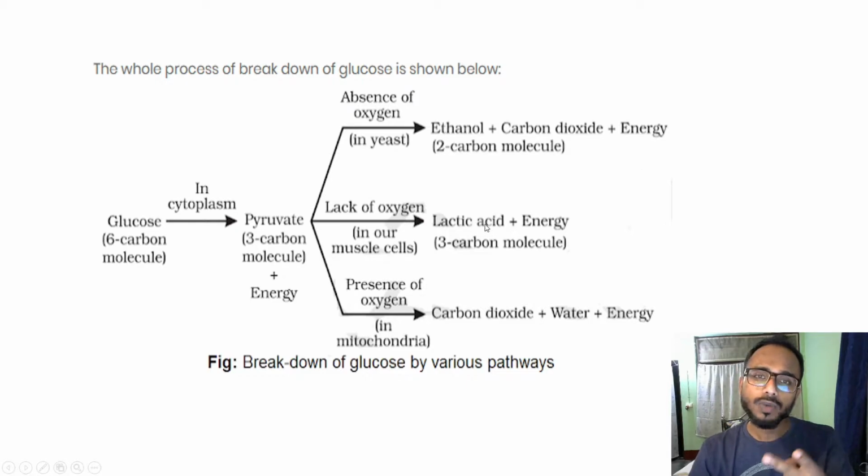So 2 cases of oxygen absent: first is in yeast, second is in our muscle cells. In the first case, it will give ethanol, carbon dioxide and energy. In the second case, it will give lactic acid and energy. In the third case, this pyruvate goes under aerobic respiration, that is in presence of oxygen, and in that case it will give carbon dioxide, water and energy.